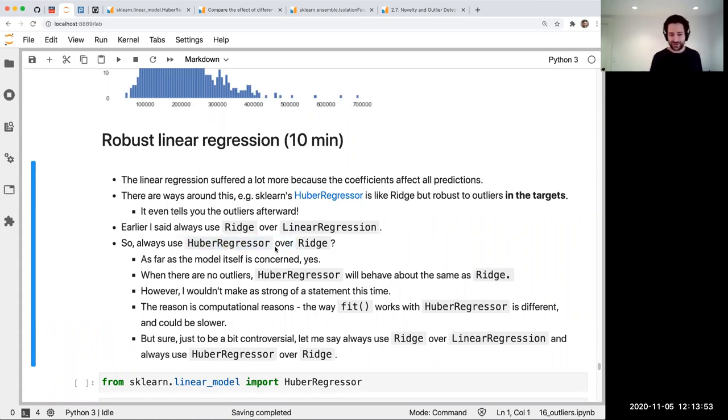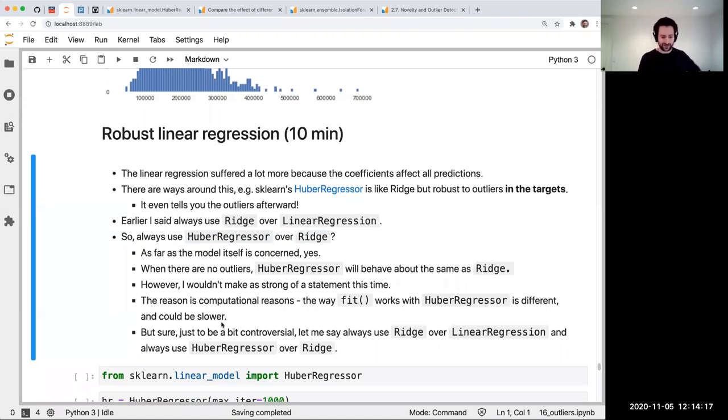If you want to just always use Huber regressor, you'll probably be fine. It's just a bit less standard than ridge. So what I'm telling you in the course is use ridge as your default for linear regression, but have outliers always on your mind and always be looking for them. And keep in mind this Huber regressor tool, if you need it, that's basically like ridge, but robust to outliers, but just has some extra messes that make me hesitate to tell you to always use it.